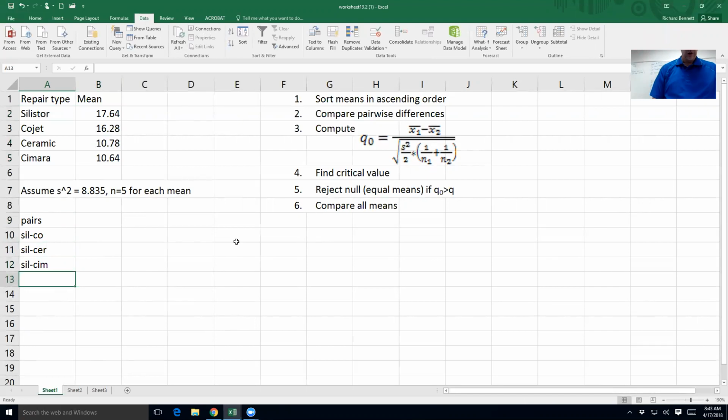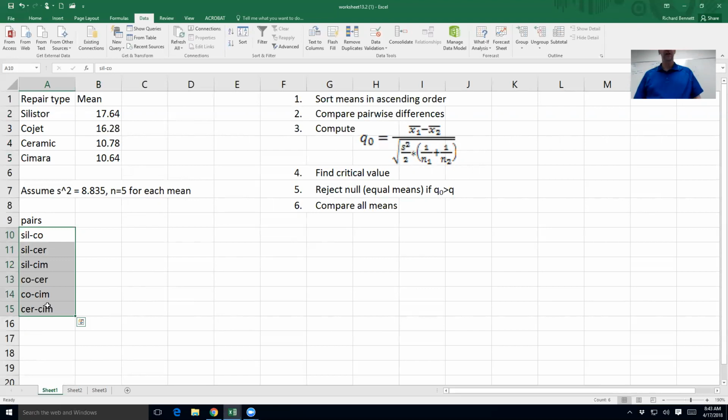Now we're going to go Cojet minus ceramic, Cojet minus Samara, and ceramic minus Samara. So you'll see I've got 4 means, and 1, 2, 3, 4, 5, 6 pairs that you're going to have to do. Does that make sense? If you've sorted them in descending order, it's going to make finding these a whole lot easier. So that's why I made that step number 1.